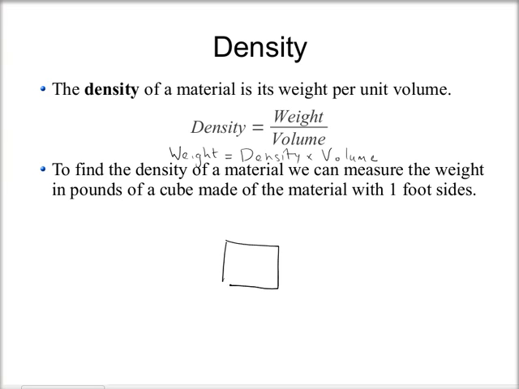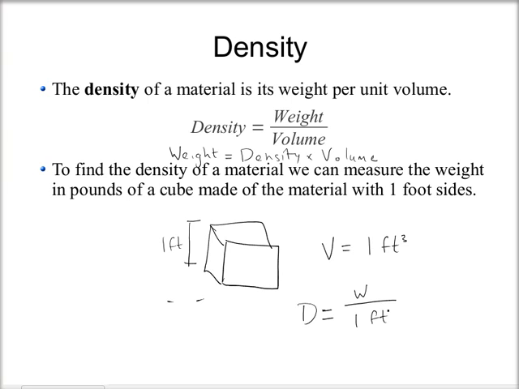If I've got a cube made out of some material with 1 foot sides, then the volume of that cube is going to be 1 cubic foot, and the density is equal to weight divided by volume, so that's going to be weight divided by 1 foot cubed, or weight times 1 over 1 cubic foot.